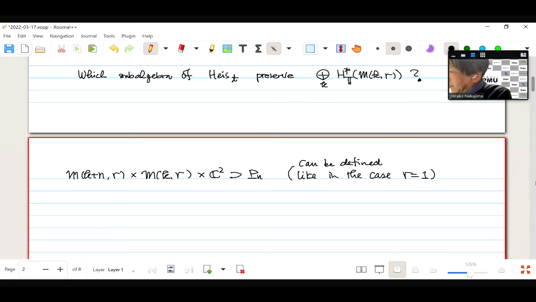Then you have the maps to M_{K+n,R} and to M_{K,R} times C^2, and both are proper.